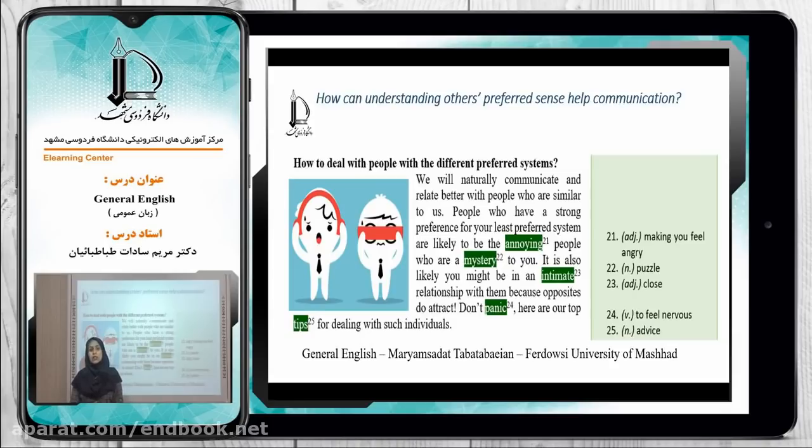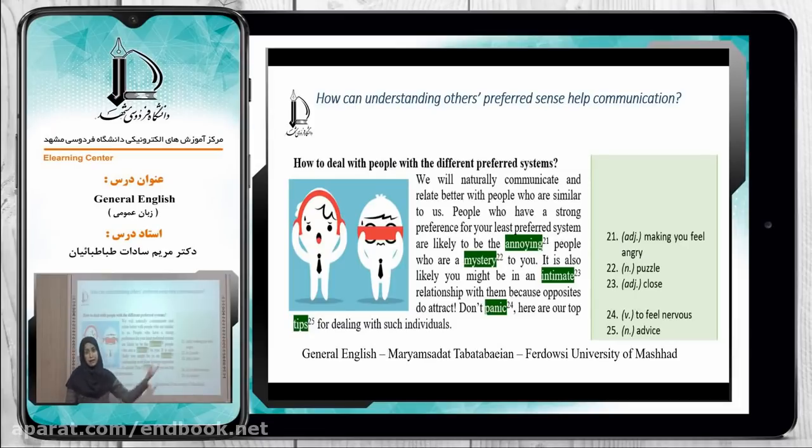Some people use their visual sense more, so they prefer it. Some others use movements more, so they prefer kinesthetic. So, now, we want to see how knowing people's preferred sense helps us communicate more successfully.